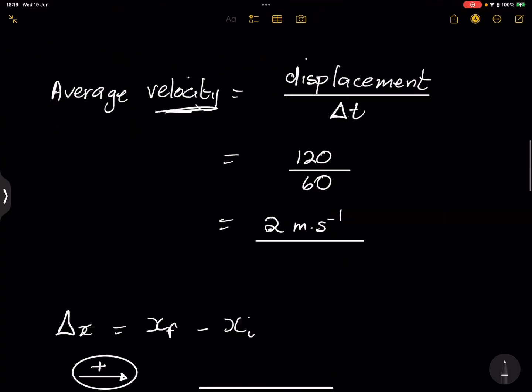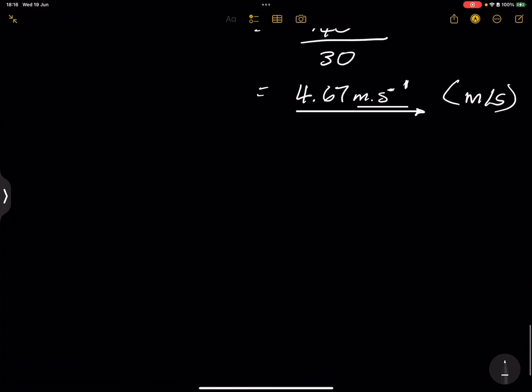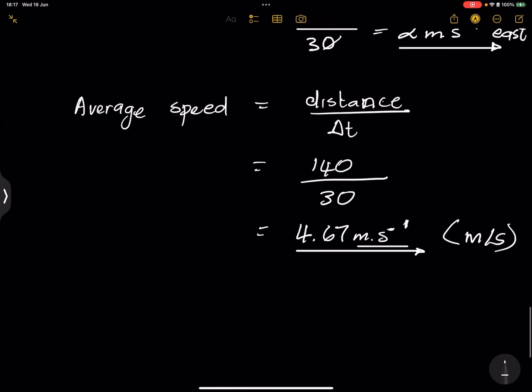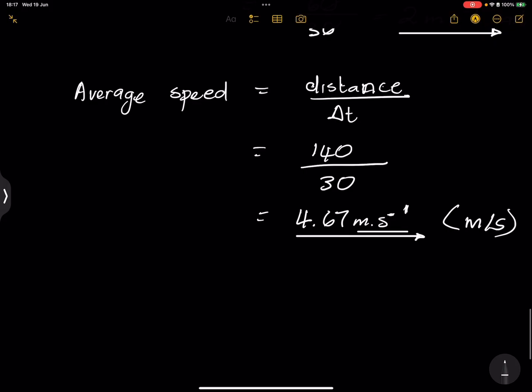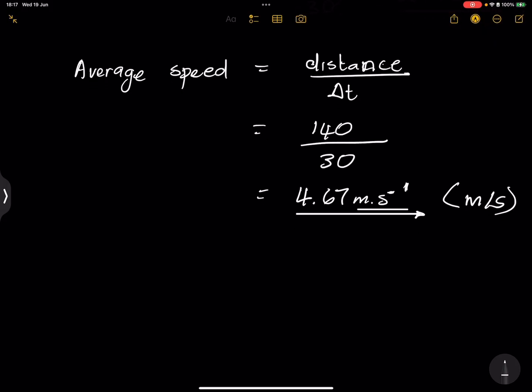So we've spoken about average speed, and we've spoken about velocity. Now, what is acceleration? Acceleration is the rate of change in velocity.